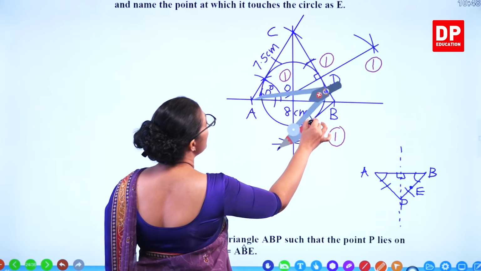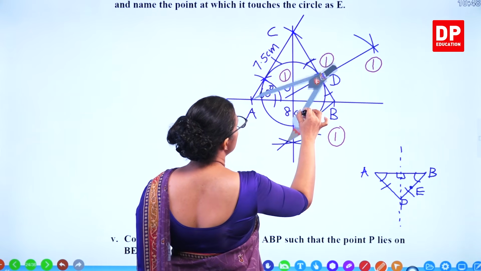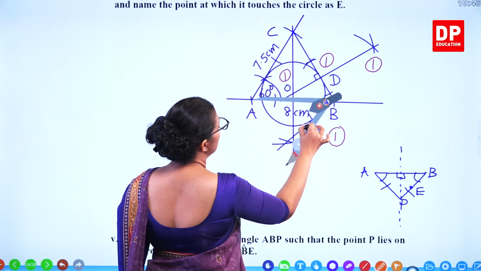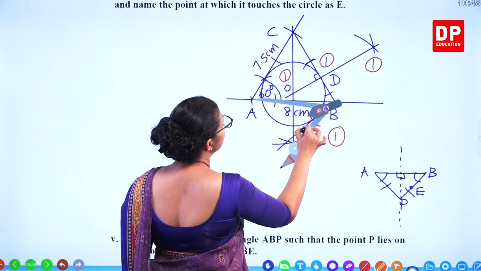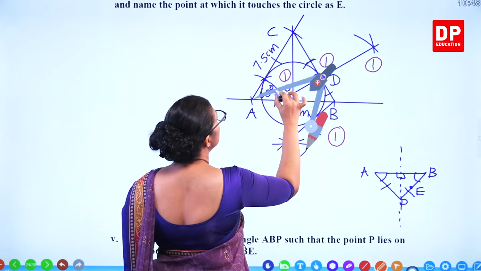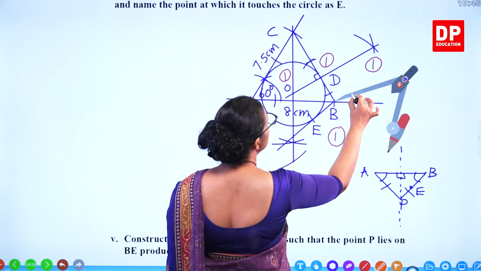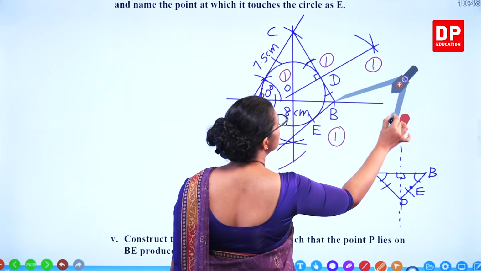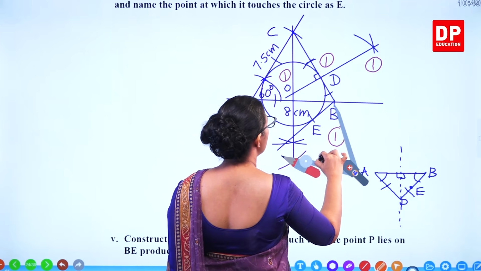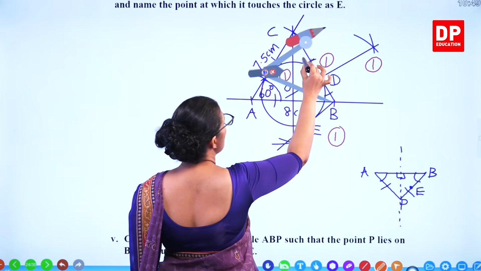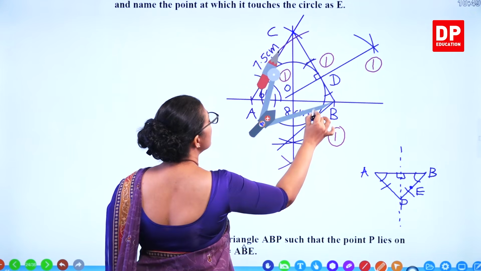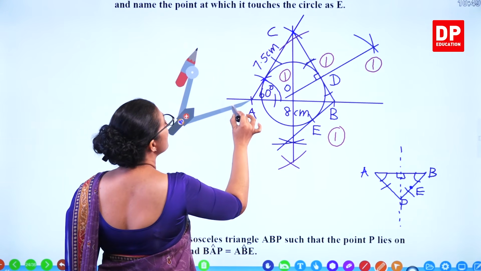So we draw the perpendicular bisector. From here draw an arc, and from here draw an arc here, and also above. We need above as well. So here draw the other arc.